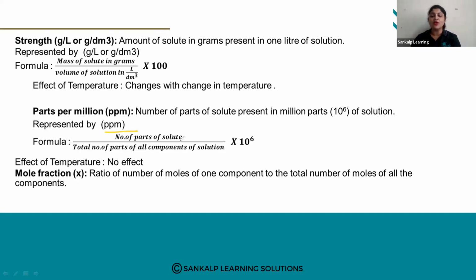Number of parts of component divided by the total number of parts of all the components in the solution, into 10 raised to 6. So this is about ppm.